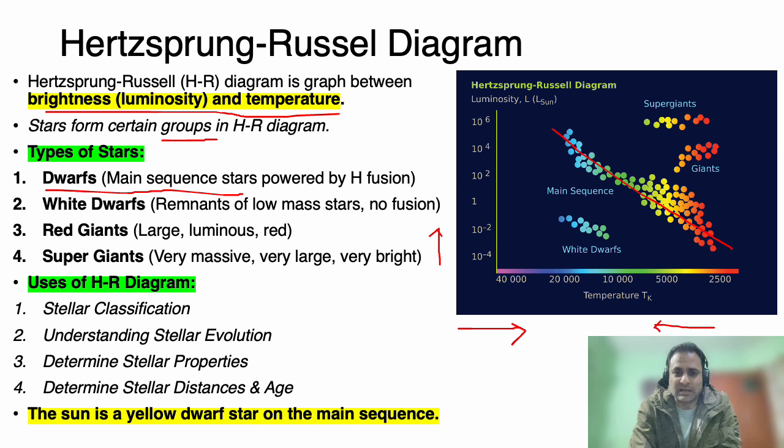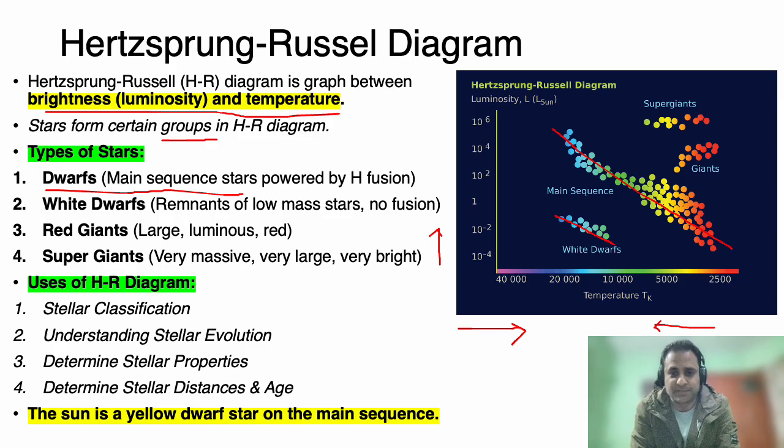Then there is a group which is not very bright, but it's very hot. They are green and blue, so they are hot, but on the y-axis it's not very high, it's low. These are called the white dwarfs. White dwarfs are usually made when main sequence stars end their life.